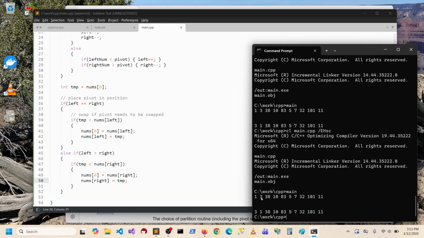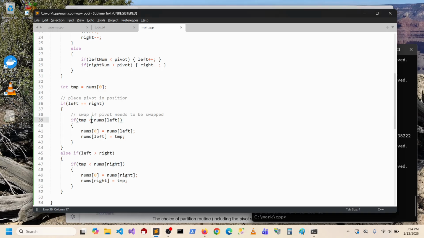So, left and right are equal on this. Pivot. Okay, temp is nums 0, which is... Oh, wait, it's a 1. So if 1 is less than nums... Oh, oops, I had the reverse logic. If temp is greater than, then you want to swap. Reverse logic.